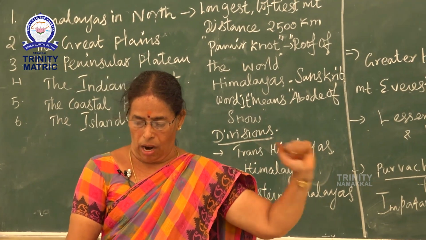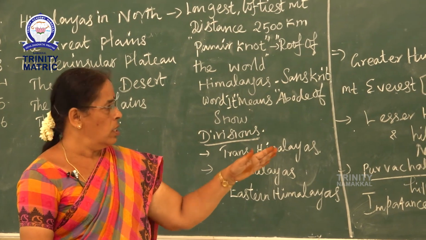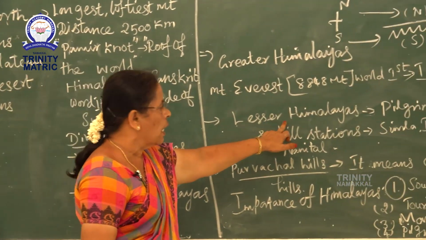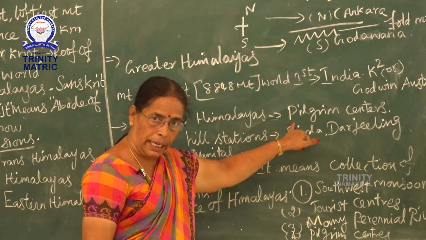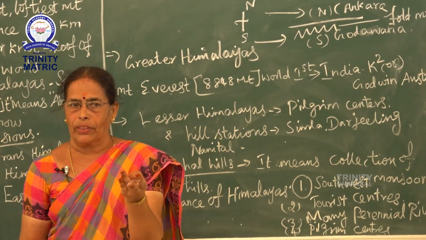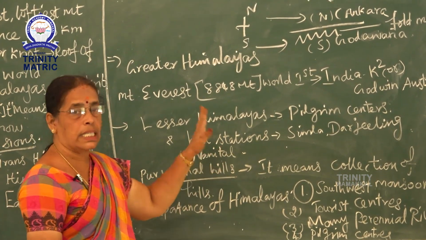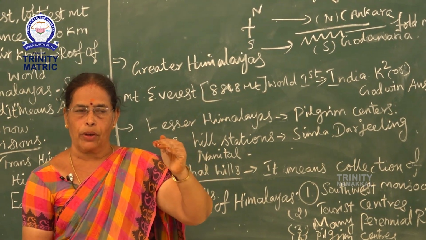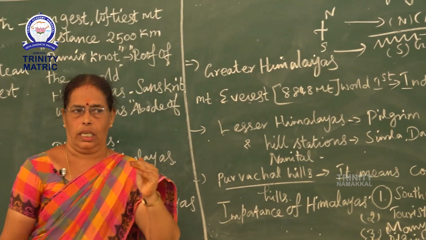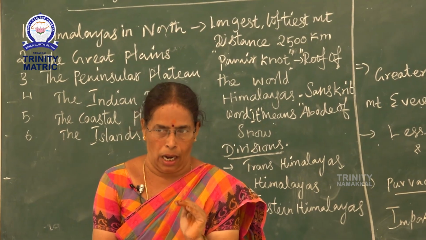Okay. The Shivalik range, the Lesser Himalayas, then Almora, so many hill stations. The Lesser Himalayas also have pilgrim centers. What are the pilgrim centers? Kedarnath, Badrinath, the Vaishno Devi temple are around. And the hill station Simla. It is summer season now, but during the corona period vacations are not allowed.